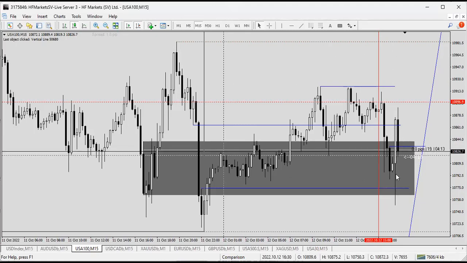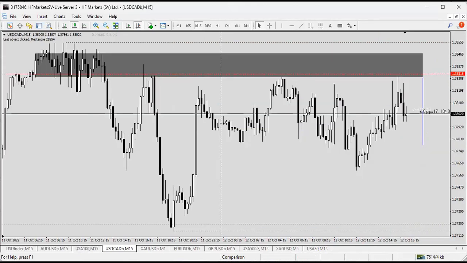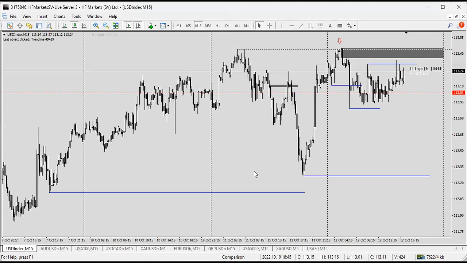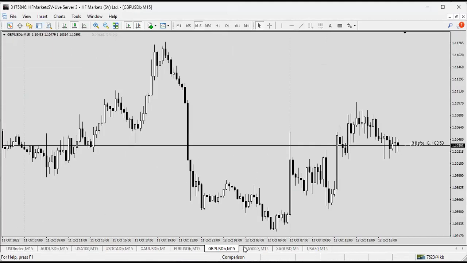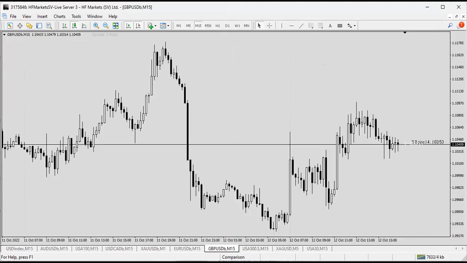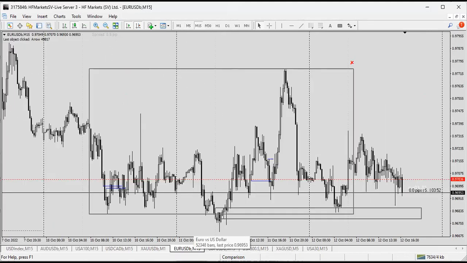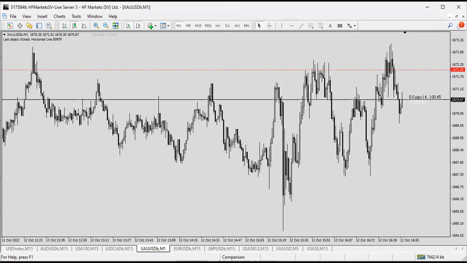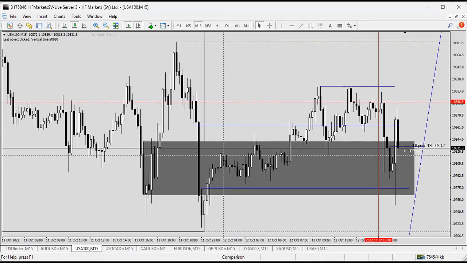Those areas are likely to be traded to. This is why I'm not willing to touch this yet. So if you look across all the pairs, anywhere that you think stops would be resting is where we're likely to get price run to, but we already identified all of those. So it's just a waiting game now. It's just a waiting game. And then you can take comfort in the fact that while you're waiting, there is nothing grand happening. So absolutely no reason to feel like you're missing out.